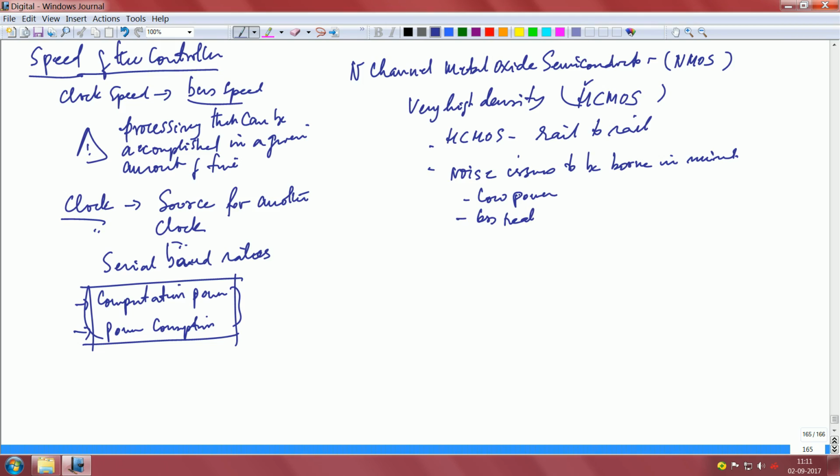The design geometries are much smaller. As a result you have higher density, a lot of packing. When you do a lot of packing you get low cost, right, and all that.